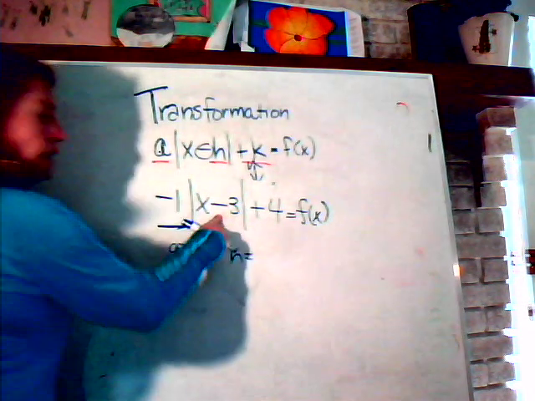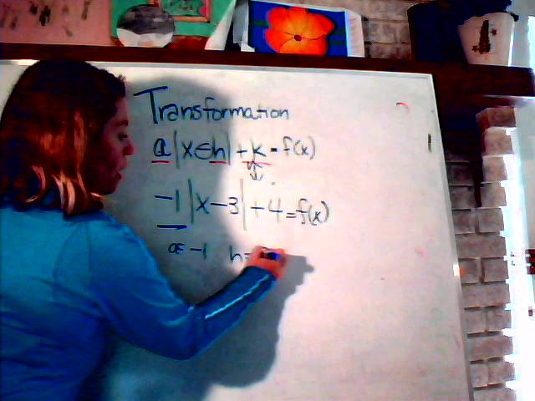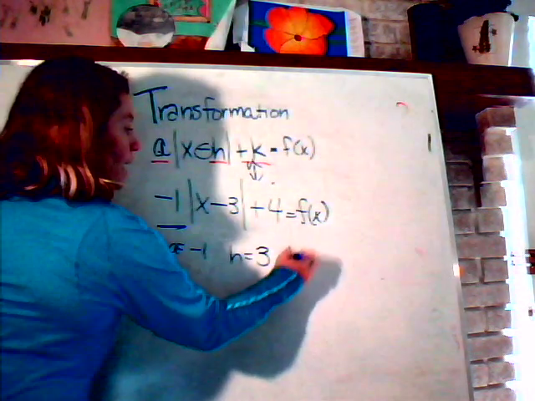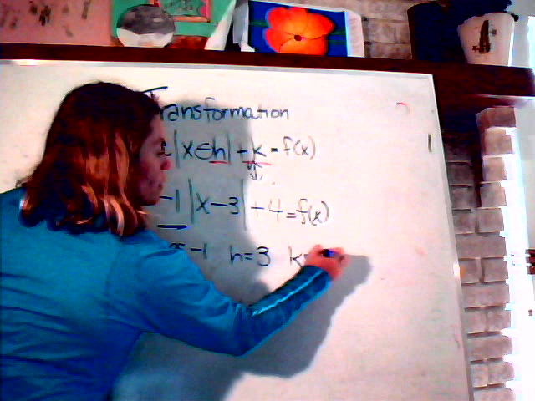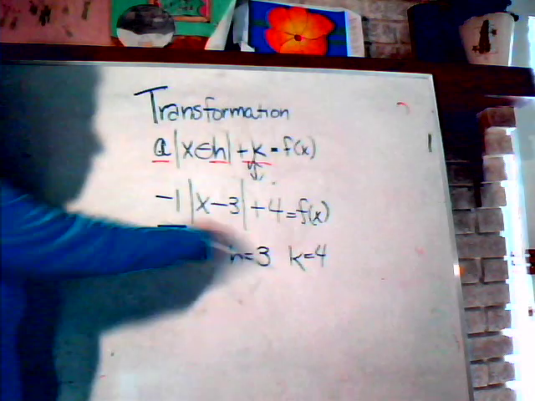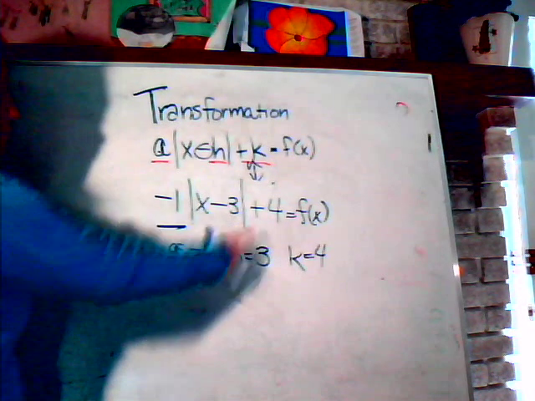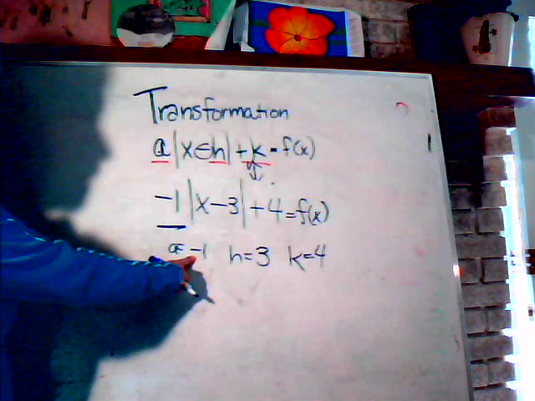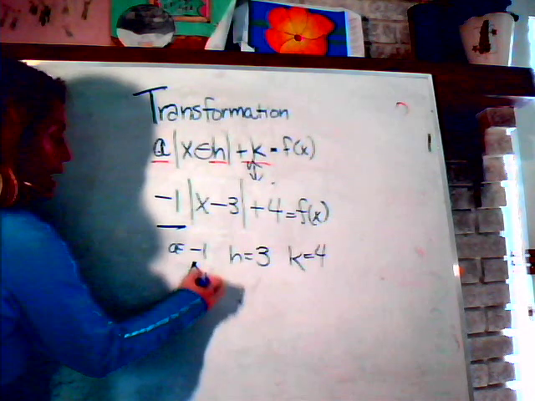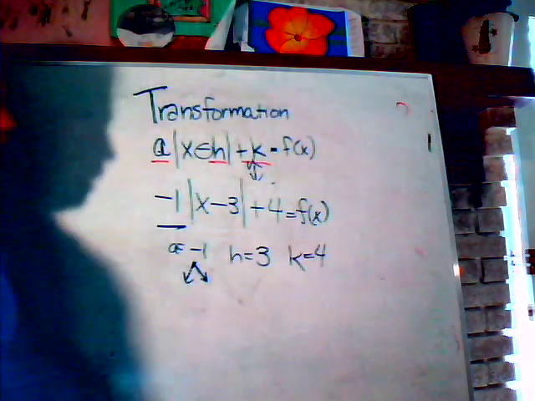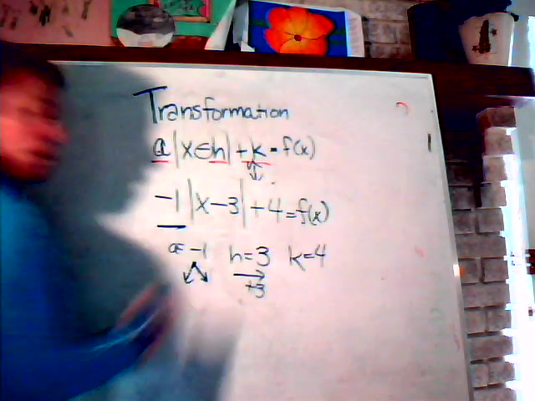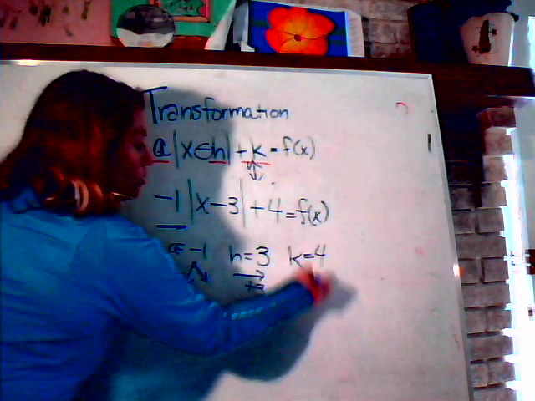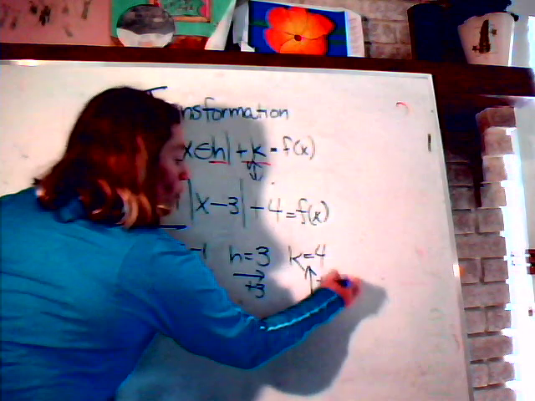H is the opposite sign, so it's +3. And K is the same sign, so it's +4. Now, this is a parent function that's an absolute value graph. This graph is negative, so it's going to face down. So the V is facing down. It's got a horizontal shift to the right 3 because that's a +3. It has a vertical shift up 4.